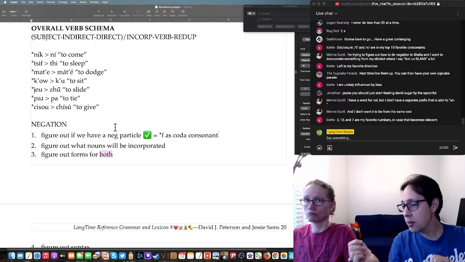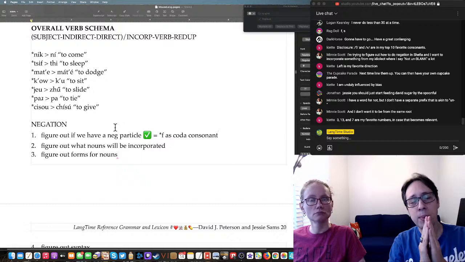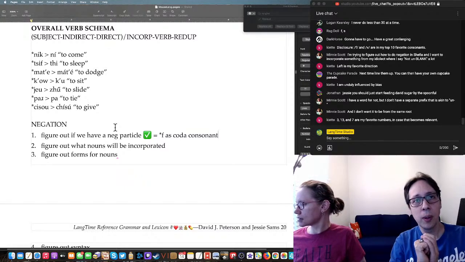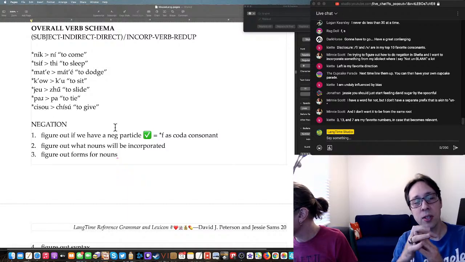The F is indeed never going to show. Well, maybe. It depends. If there are suffixes after it that start with a vowel, then it will. So the F might show up, but in most cases it won't. And instead, it will be the disappearing consonant that shows up.